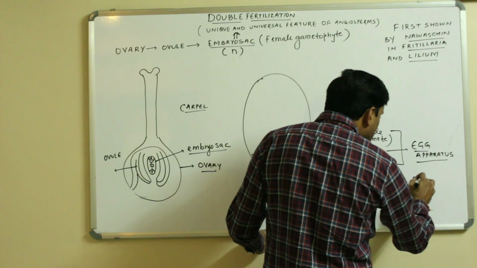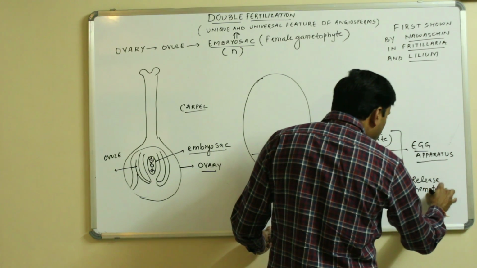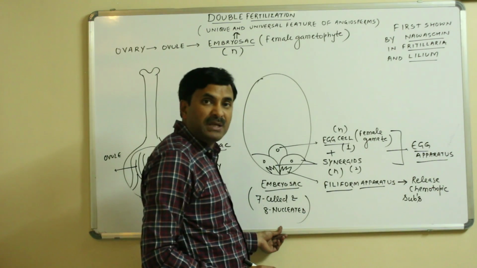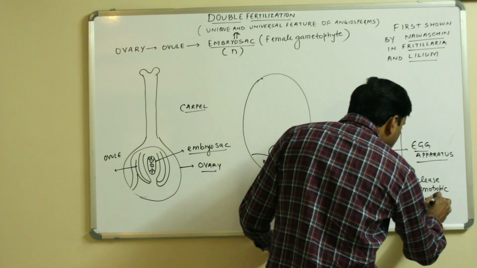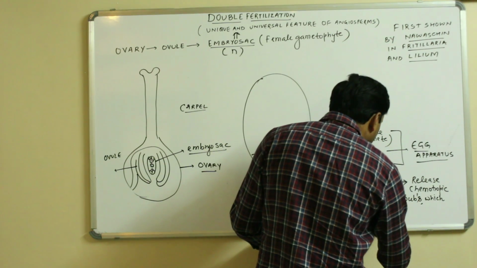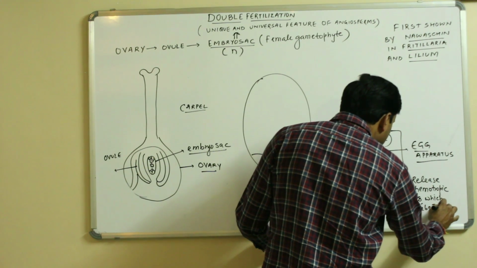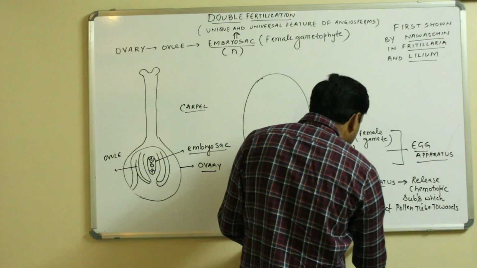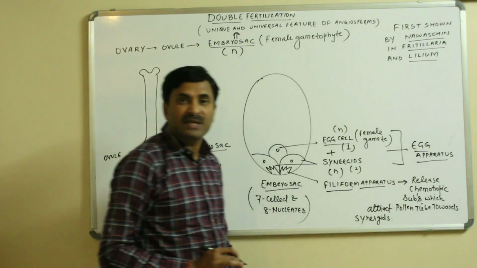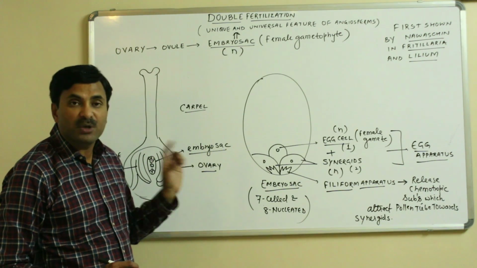This filiform apparatus releases certain chemotropic substances, which attract the pollen tube towards the synergids, and like this, through the synergids, the pollen tube will enter into the embryo sac.